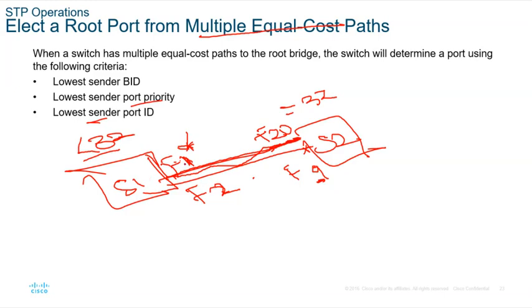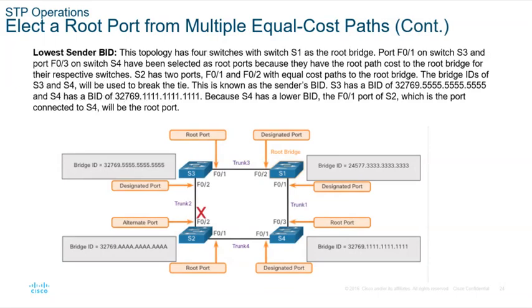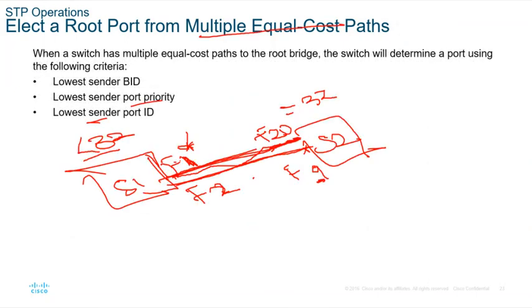So this one here, the first one, port 1, has to be active. But port 2, even if it's connected to port 1 on this side, no, it has to be in an alternate state.